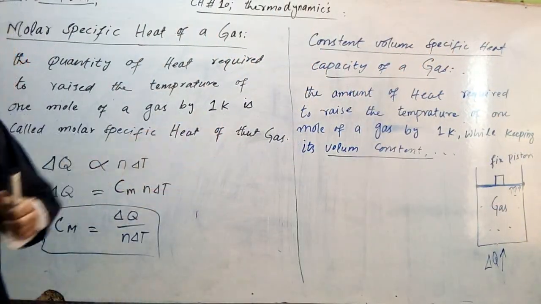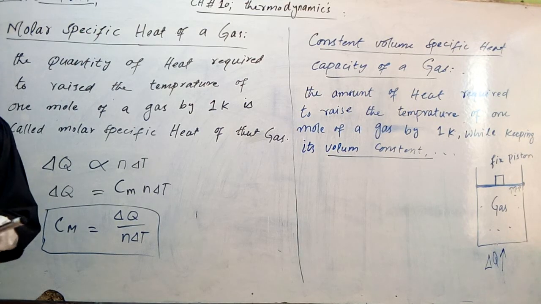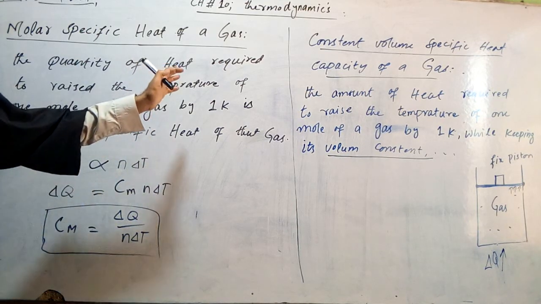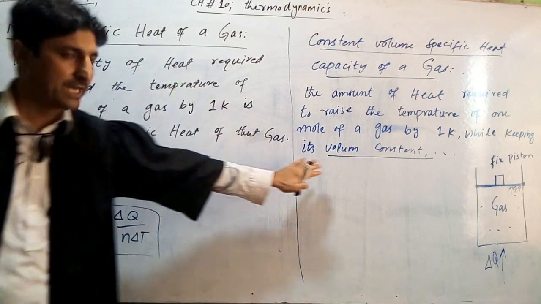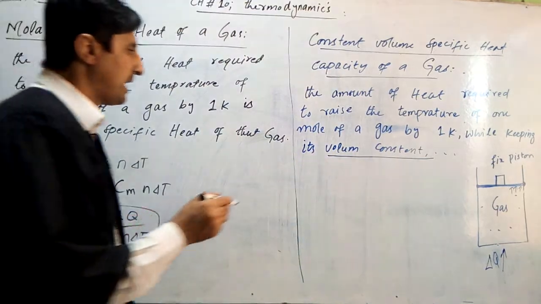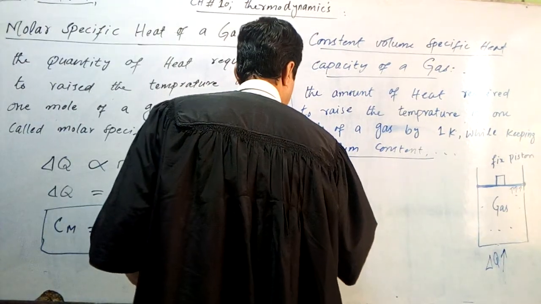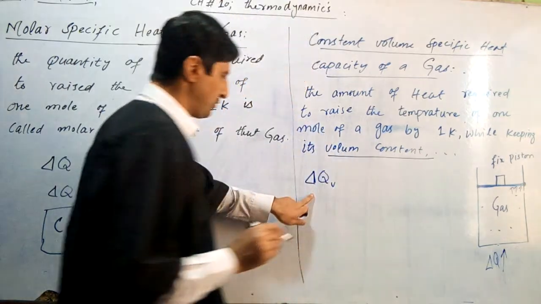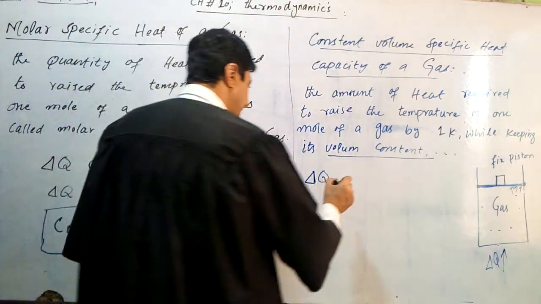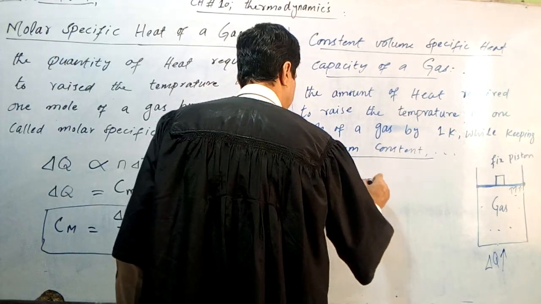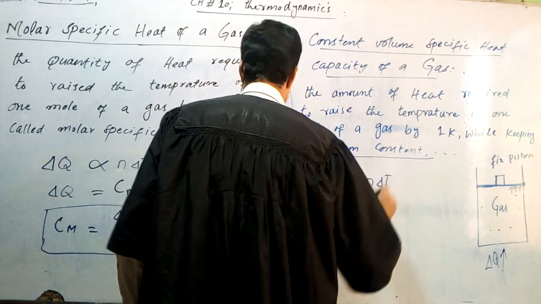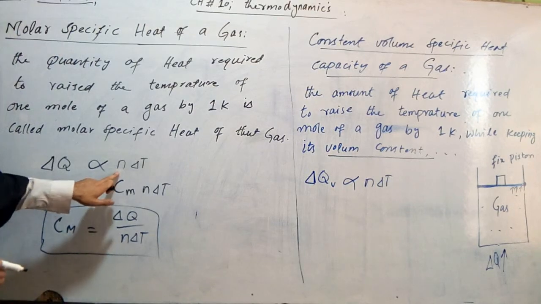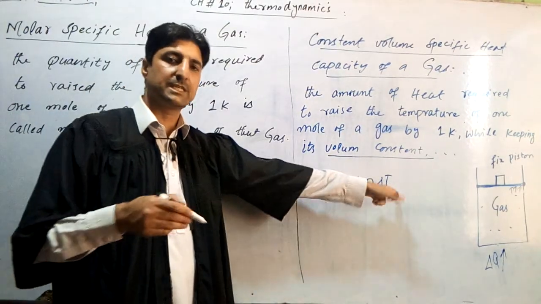Similarly, after that we are going to study constant pressure molar specific heat capacity of a gas. But first, the mathematical equation for constant volume: delta Q, the amount of heat applied at constant volume, delta Qv, is directly proportional to n delta T, the number of moles and the change in temperature.